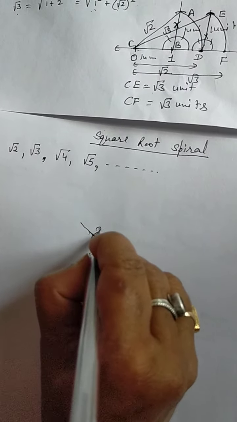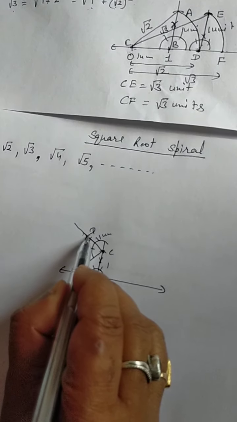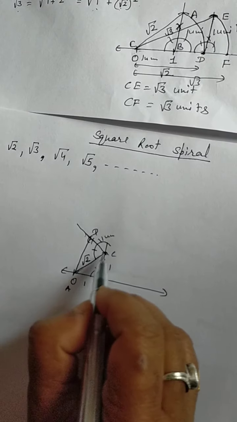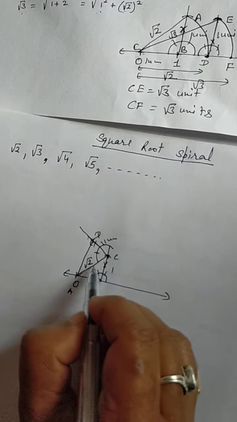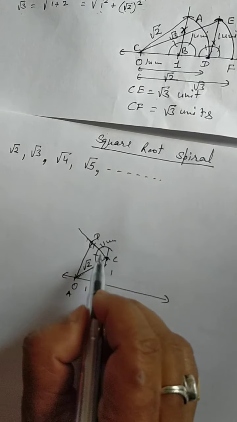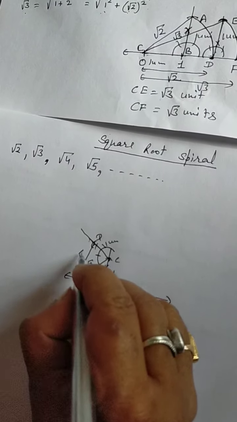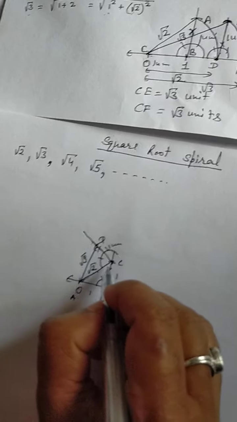Suppose this is CD, it is 1 unit. Then you join A to D. Now this is square root 2, this is 1. Apply Pythagoras theorem. Square root 2 square is 2, 1 square is 1. So 2 plus 1 is 3. So AD is square root 3.